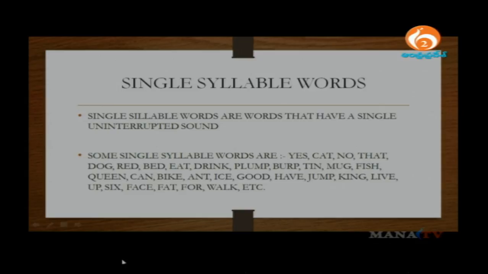All right. So these are some of the single syllable words that you have to remember when you are talking, because these are the words that will make your English straight away talk. So single syllable words are something that you don't need to cut or bifurcate. They are always used to straight away talk, because you don't have to think where to cut the word or how to bifurcate the word.